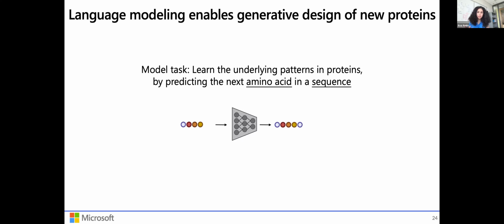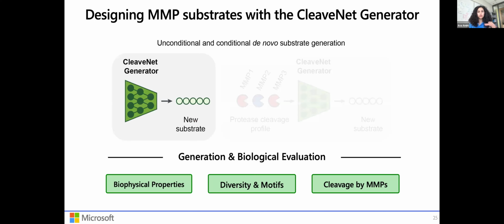So we took this principle, which has now been quite established in the realm of protein language modeling, to build out the CleaveNet generator, which again is a small transformer trained autoregressively to generate these new protease substrates.